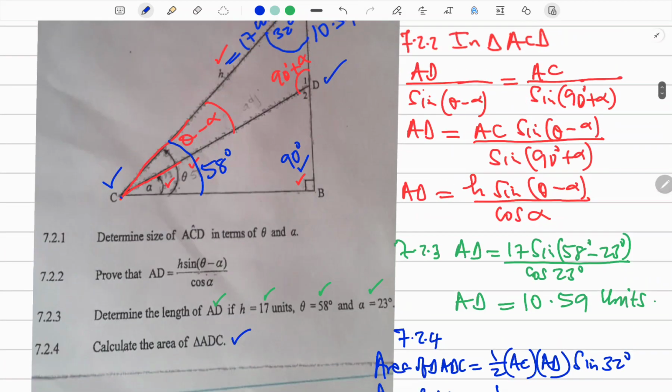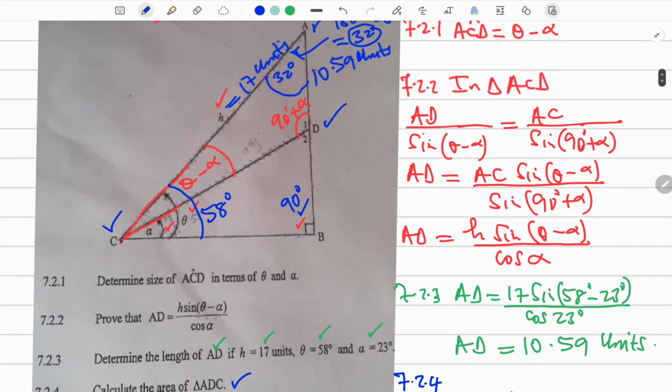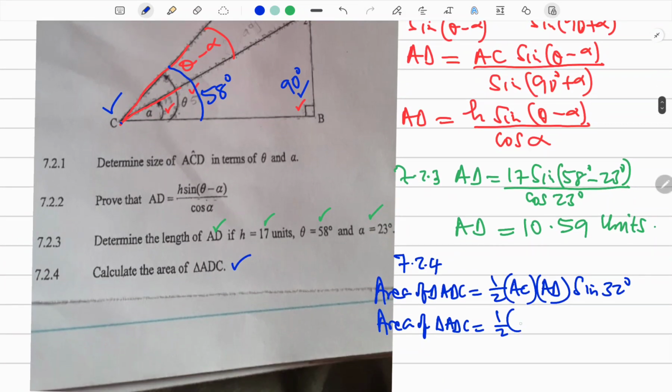What is AC? AC is H, which is 17. AD we already know is 10.59 units.